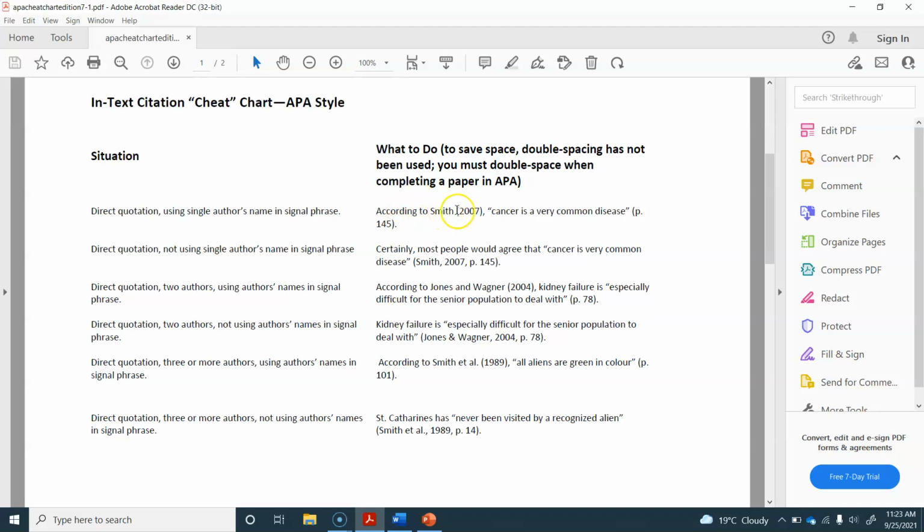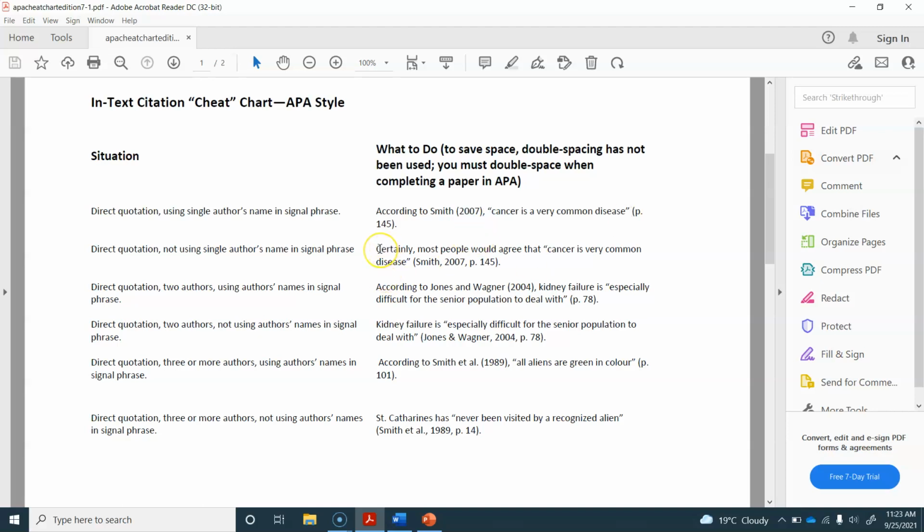Okay, so if I'm using the author's name, I'm going to put the year of publication right after that author's name. And then I'm going to put the page number right after the direct quote. But I may decide that I don't want to use the author's name in my sentence.